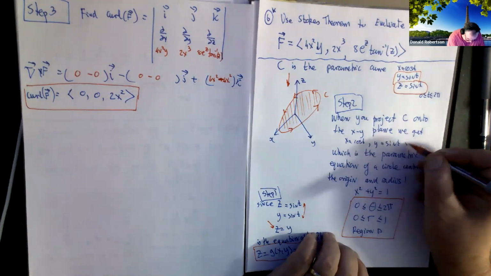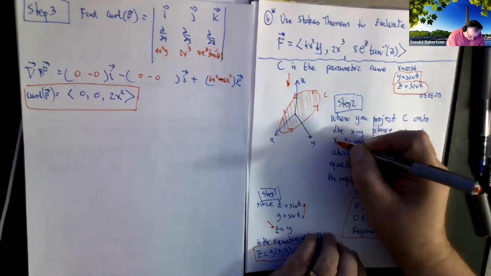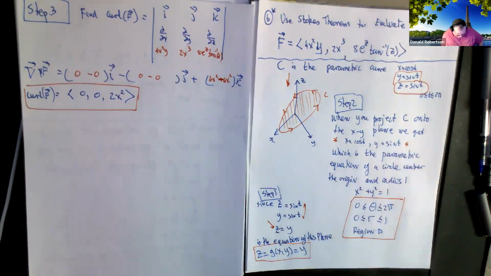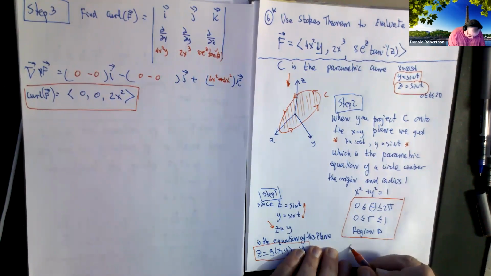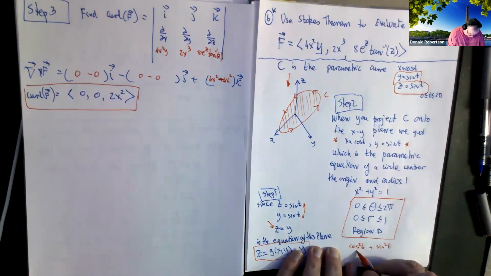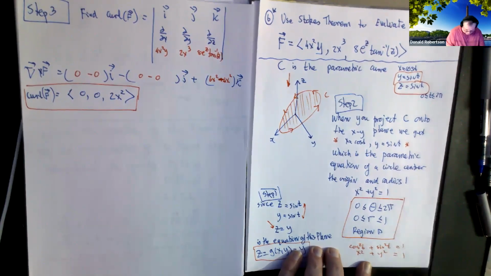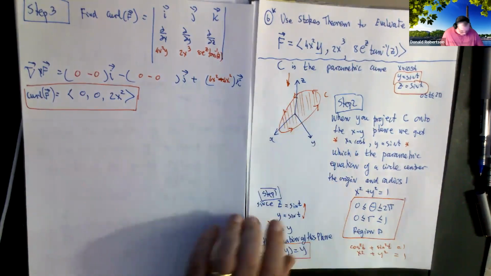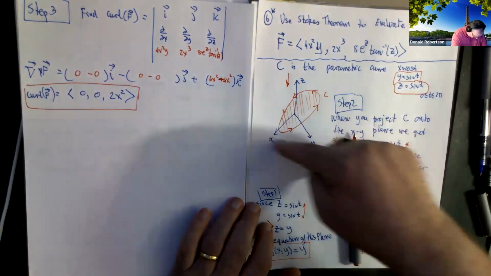And then I'm trying to figure out what equation using x's and y's has this parametric equation. And the simple thing is if you take x and you square it, and you take y and you square it, it's equal to 1. So that's the equation of that thing. And so if you look at this ellipse on the ground, I'm not drawing it, there'd be a circle on the floor.